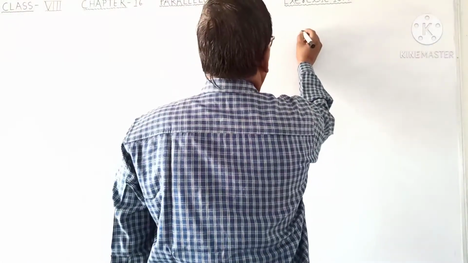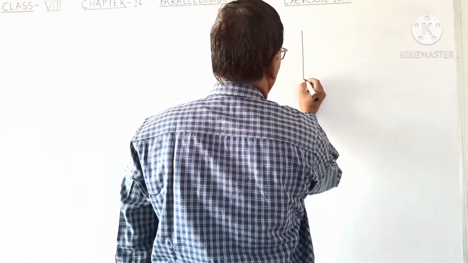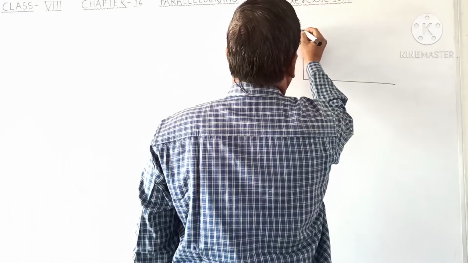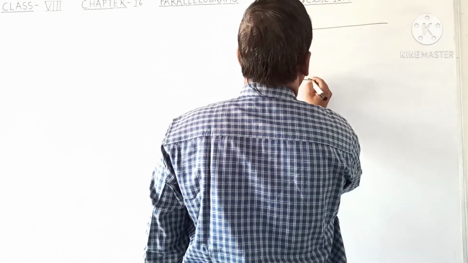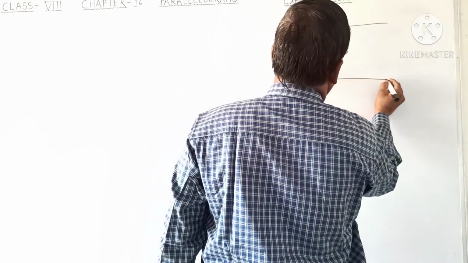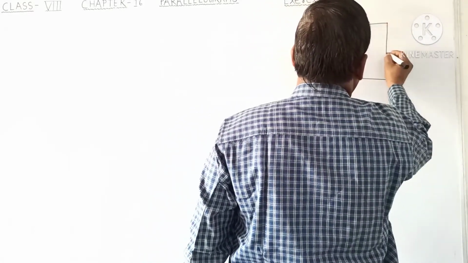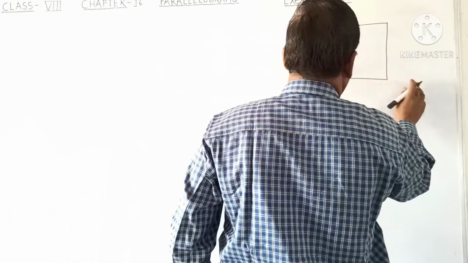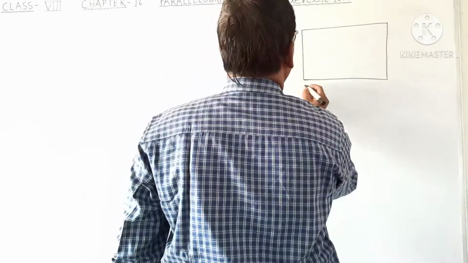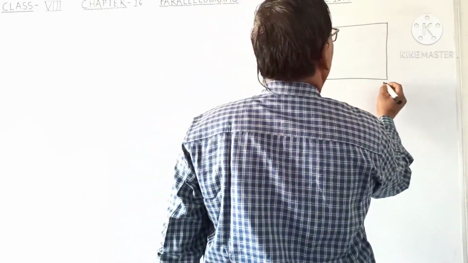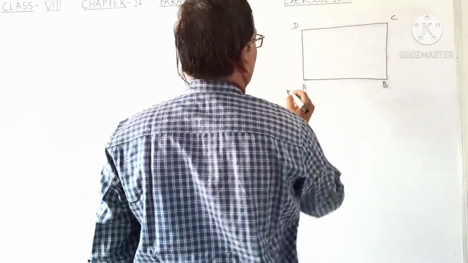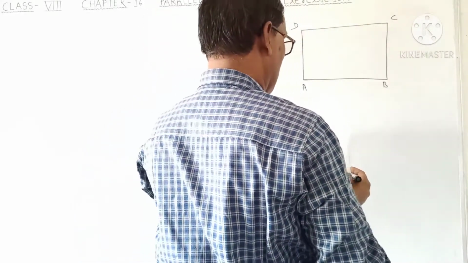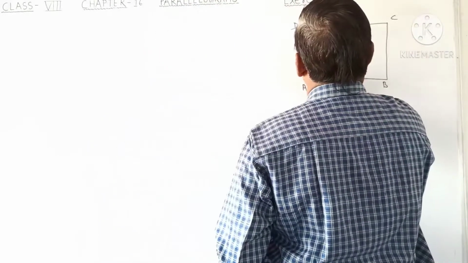Draw the rectangle at first. ABCD is a rectangle. Join AC.